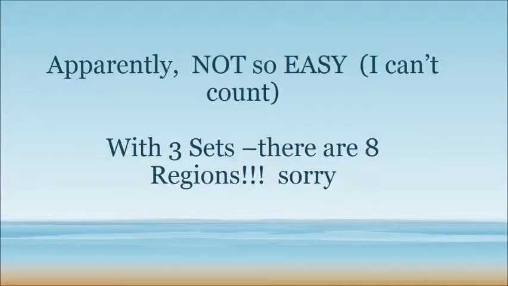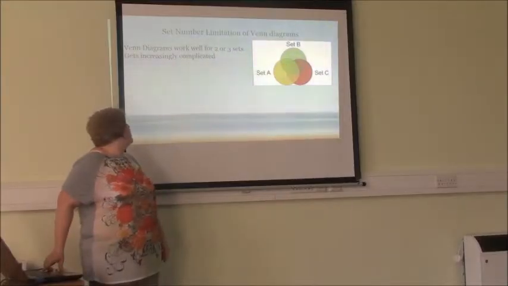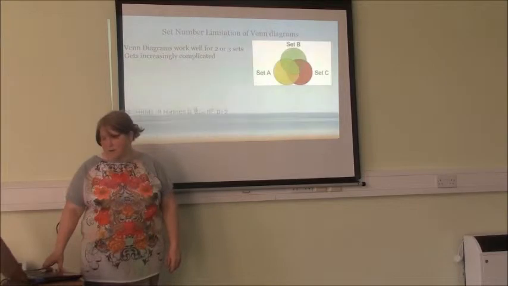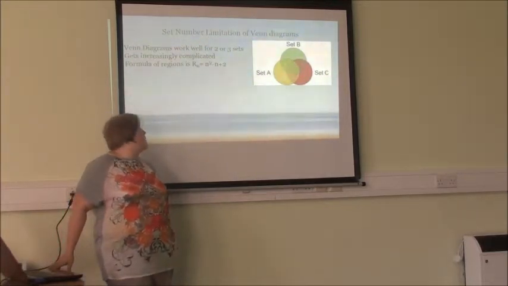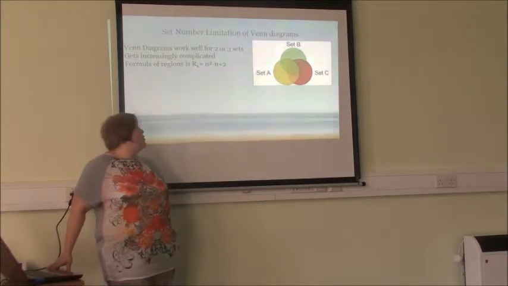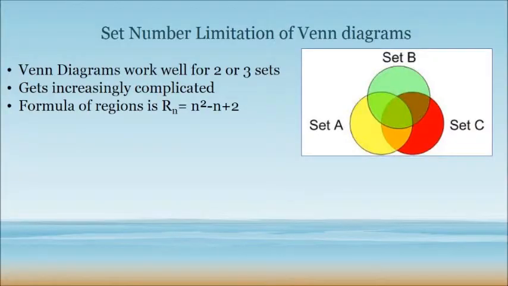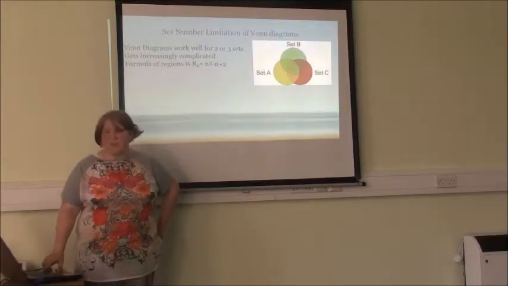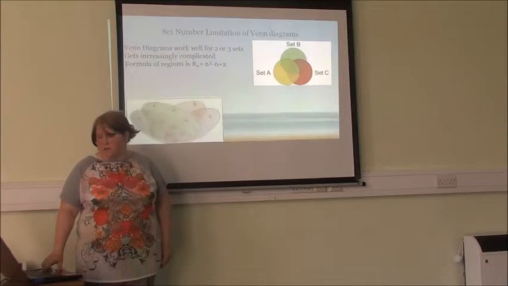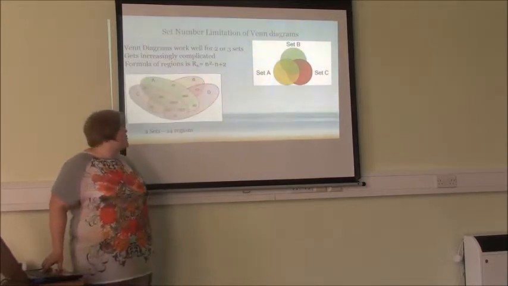However, they do get increasingly complicated. The formula, in fact, is that for n sets you've got n squared minus n plus 2 regions. Which is, as I say, easy when you get to 2 and 3. When you get to 4, it starts looking like a pretty flower.